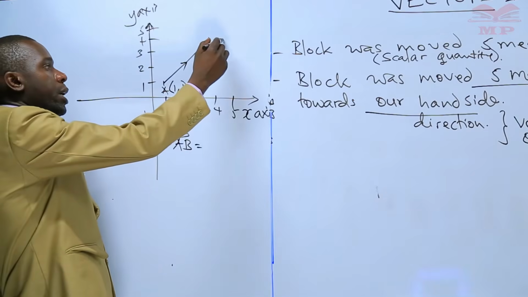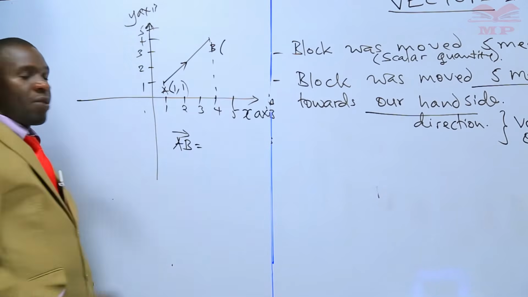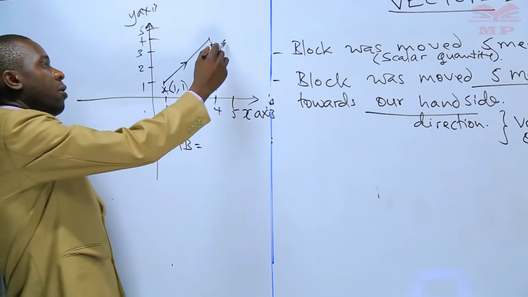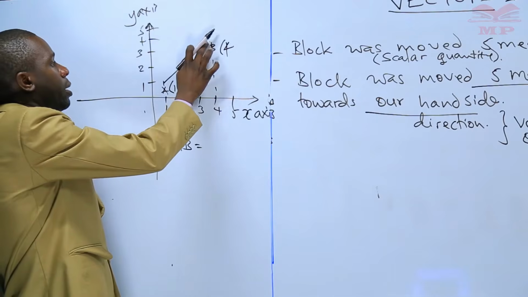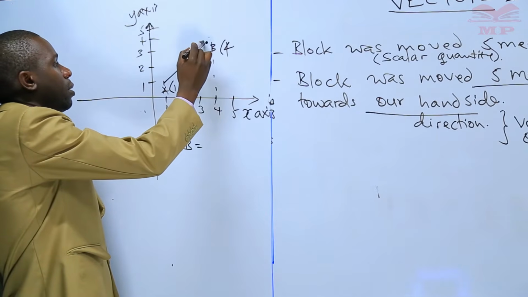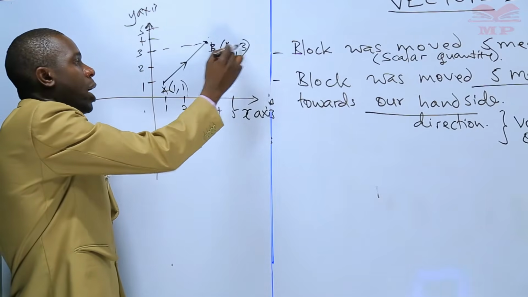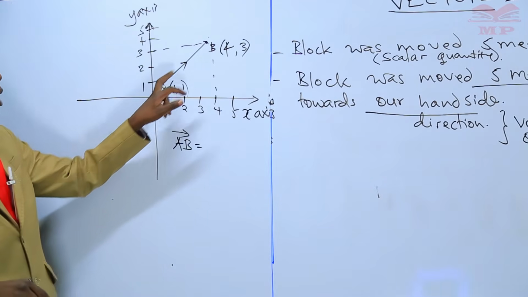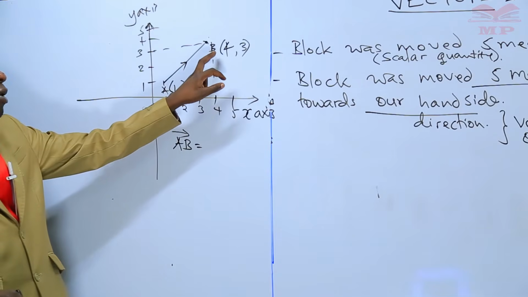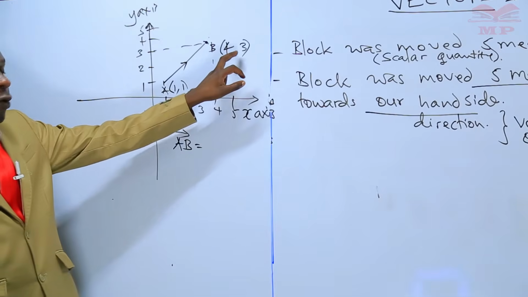Point B in this case would be, on the x-axis, 4, followed by the y coordinate 3. So we have two points, A and B. So we have A (1, 1) and B (4, 3).